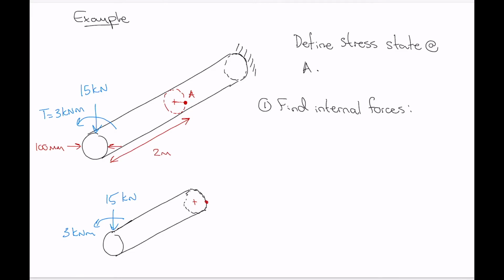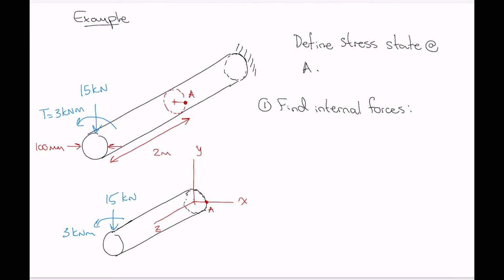So I want to set up my axes like this, where I'm going to call this axis here my x-axis. I'm going to call this my y-axis going up here, and then this is going to be my z-axis going out that way.